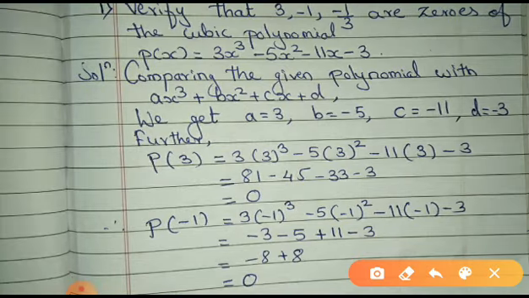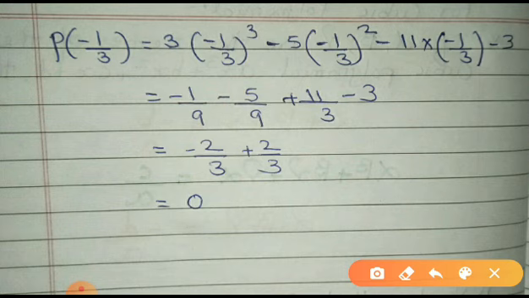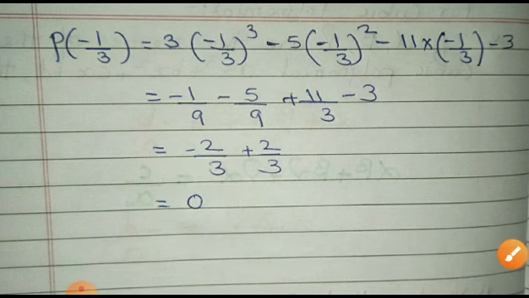Similarly, find p of minus 1. After substituting, I am getting the answer as 0. And for p of minus 1 by 3 also, wherever it is x, substitute the value as minus 1 by 3. And hence I am getting p of minus 1 by 3 equal to 0.